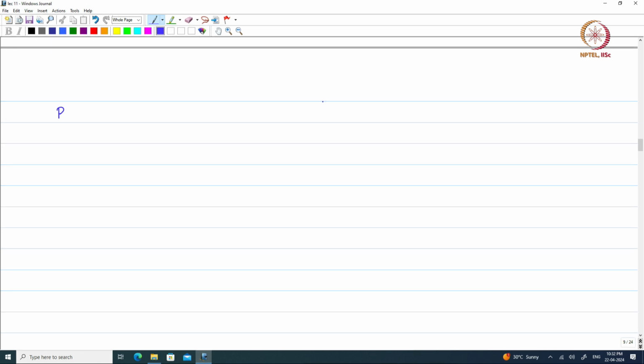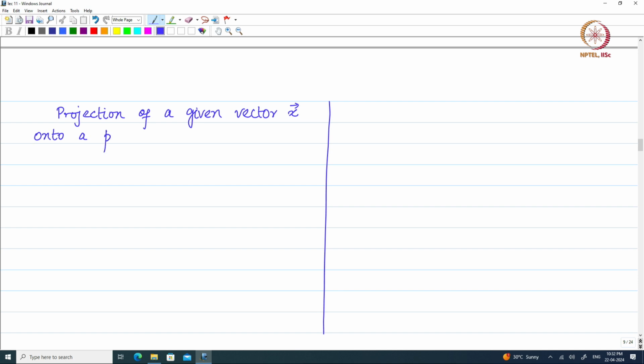So, projection of a given vector, let us call that vector, say, x, onto a plane passing through the origin.